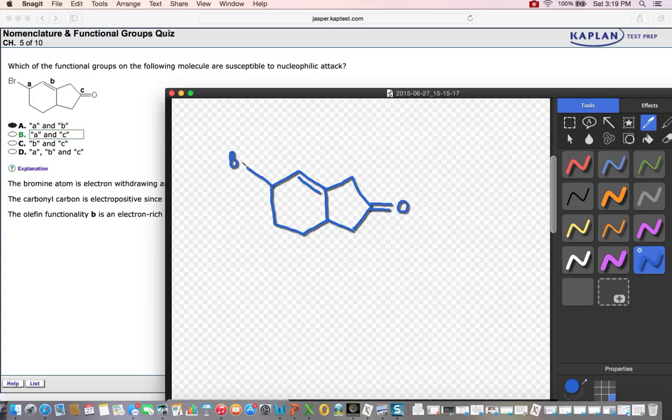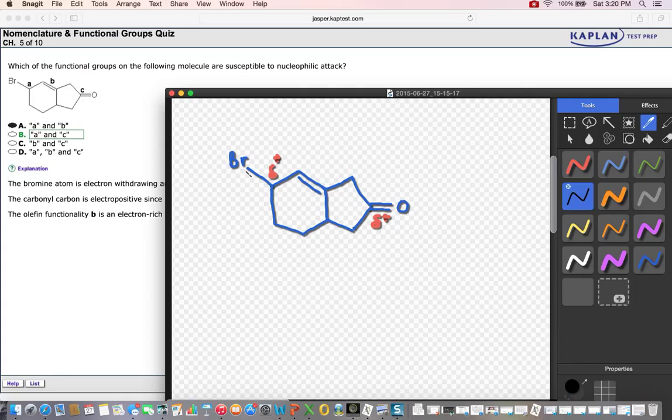First of all, there should be an electron deficient carbon, and clearly we see that we have a partially positively charged carbon that's bonded to bromine and a partially positively charged carbon that is the carbonyl carbon. Now sometimes a doubly bonded carbon can be electrophilic if there exists a resonance structure that's in conjugation, but we do not have a resonance structure in conjugation.